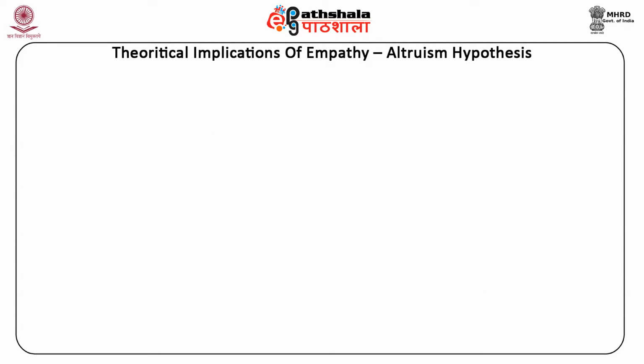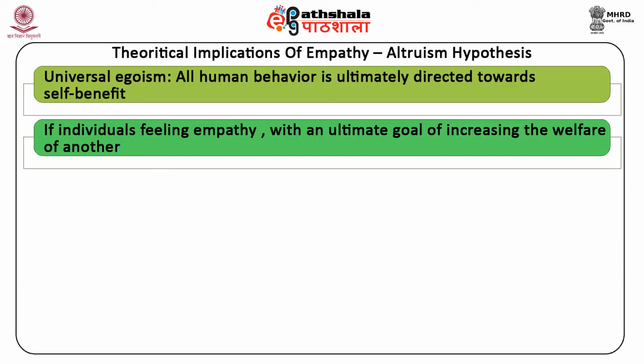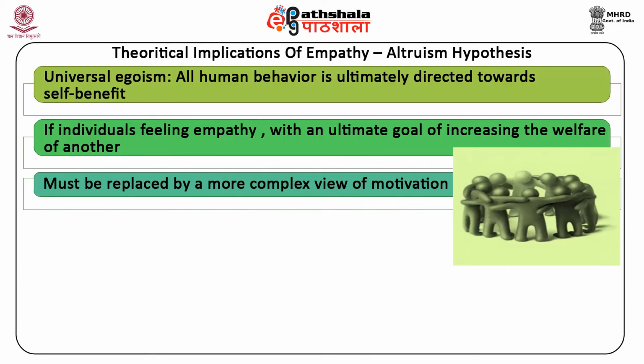It is clear that the empathy-altruism relationship has broad theoretical implications. The view of universal egoism, which states that all human behavior is ultimately directed towards self-benefit, has long dominated psychology and other social and behavioral sciences. If individuals feeling empathy act, at least in part, with an ultimate goal of increasing the welfare of another, then the assumption of universal egoism must be replaced by a more complex view of motivation that allows for altruism as well as egoism.